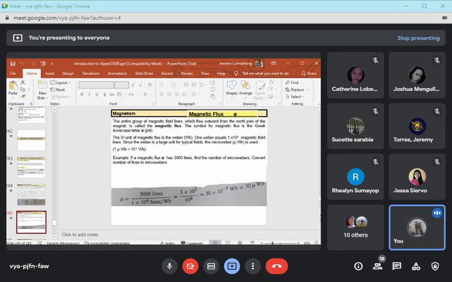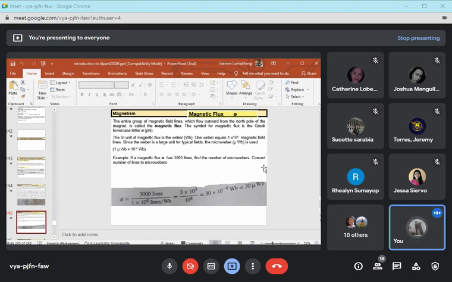Since the Weber is a large unit for typical fields, the microweber, with the Greek letter mu and the symbol Wb, is used. So 1 microweber is equal to 10 raised to the negative 6 Wb. Okay? So we have here an example.